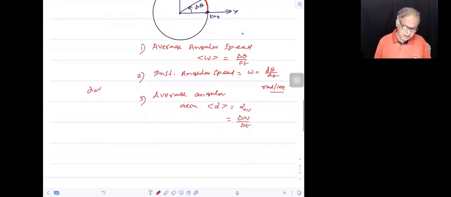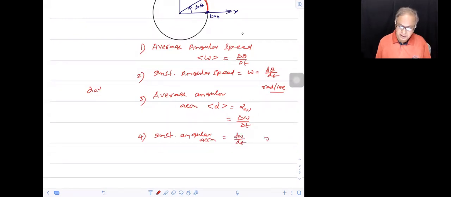All right. And immediately follows instantaneous angular acceleration, which is d omega by dt.